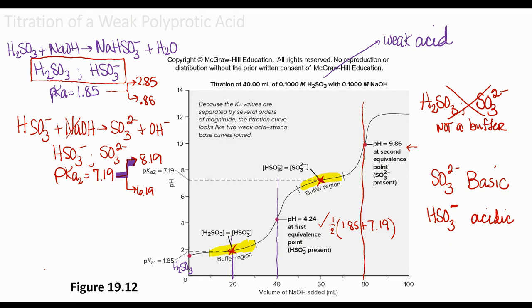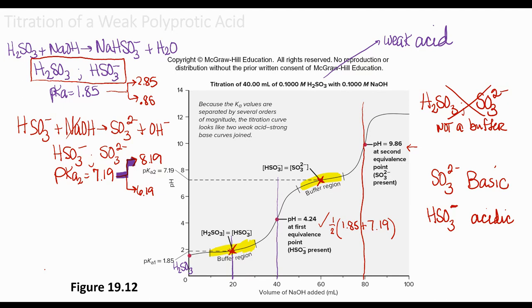So this graph would be really important for your lab. And those of you going on in biology and biochemistry, we use these all the time to talk about amino acids. So this is important.